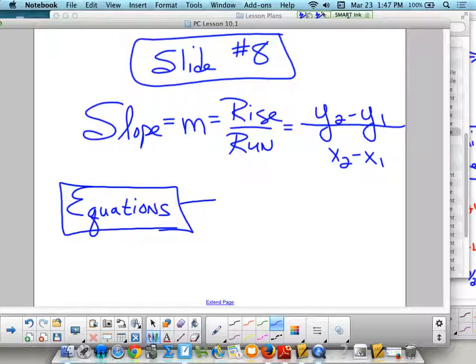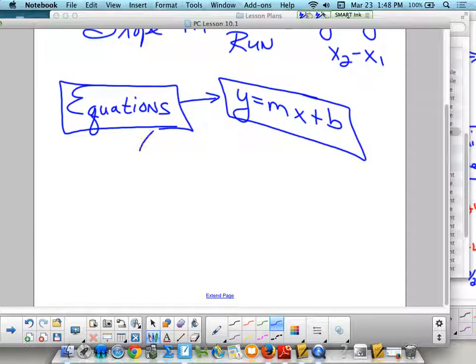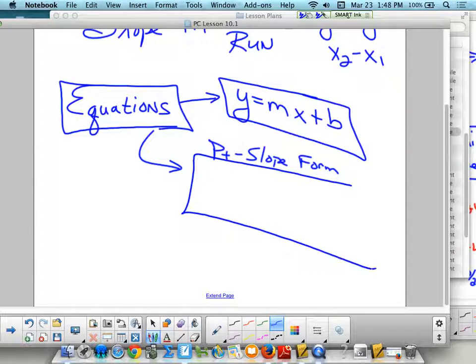You can go with slope intercept, where m is the slope and b is the y-intercept. Or you can go with point slope form. That'd be y minus y1 equals m times x minus x1. And there are your formulas.